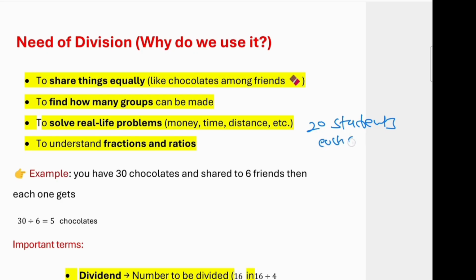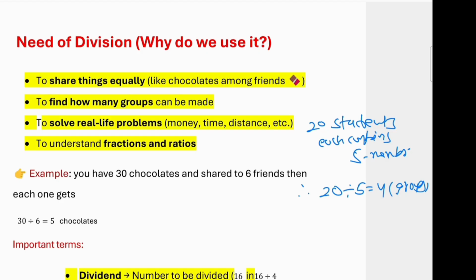Each group contains 5 members. Then how many groups are formed? We have to find how many groups are formed. Therefore, 20 divided by 5 is equal to 4. Then we have to form 4 groups.